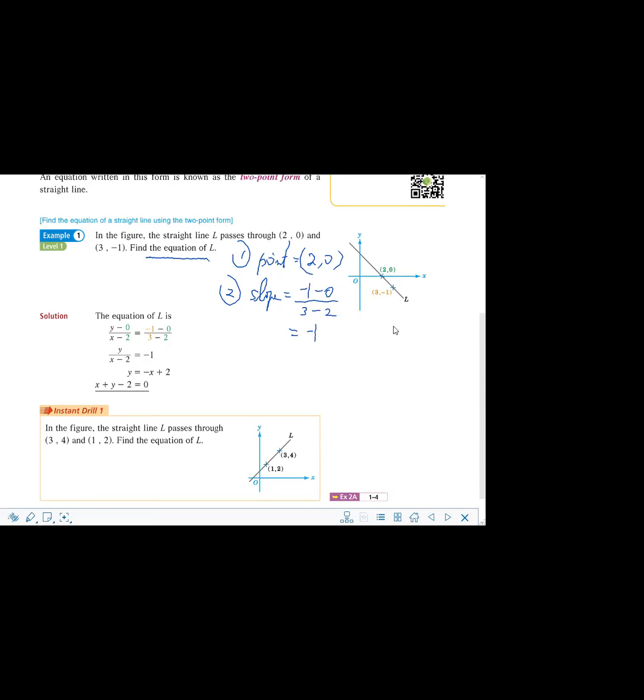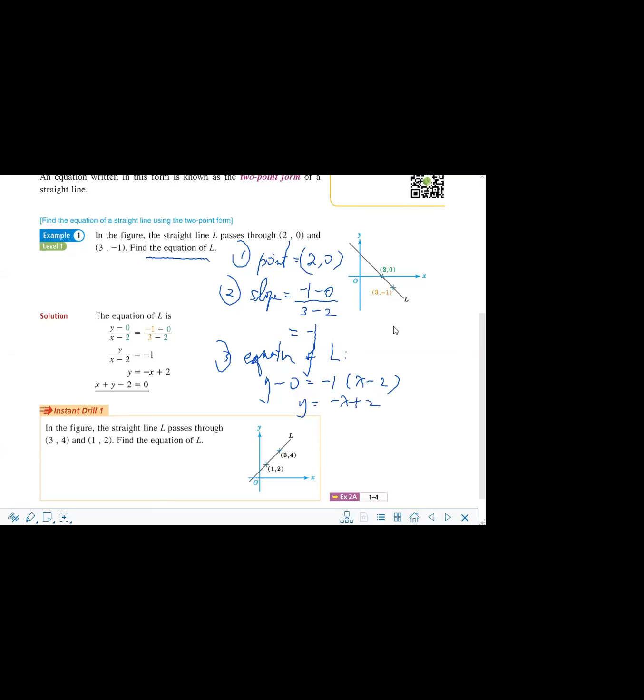And then step 3, I will write down the equation of L. The equation of L will be y minus y1 equals m times x minus x1. And then you just simplify. So y minus 0 is y, equals -x plus 2.